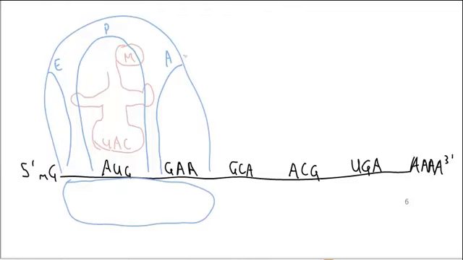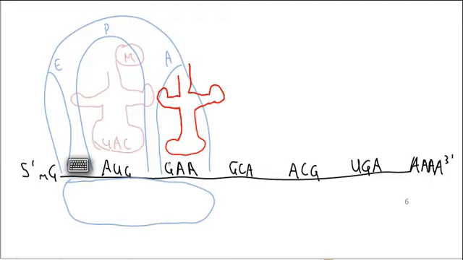Now in comes our next tRNA, and it binds complementary into the A pocket via its anticodon.